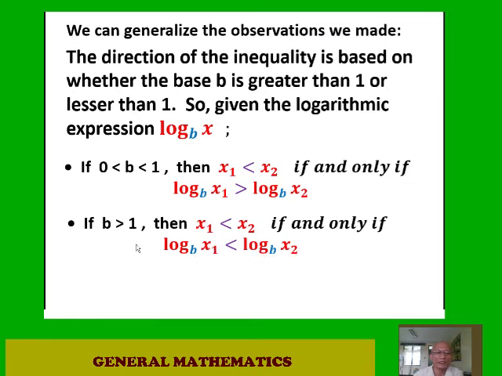If b is greater than 1, then we can eliminate the logarithm without changing the inequality. So x sub 1 less than x sub 2 because the base is greater than 1. If the base is less than 1 and greater than 0, we change the direction of the inequality. Okay, this is what we will use in solving inequality.